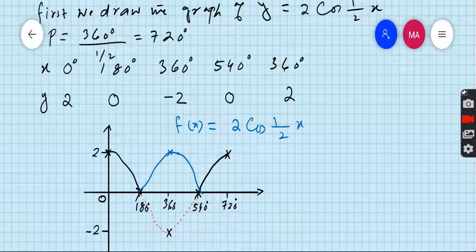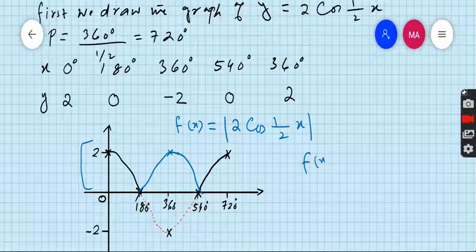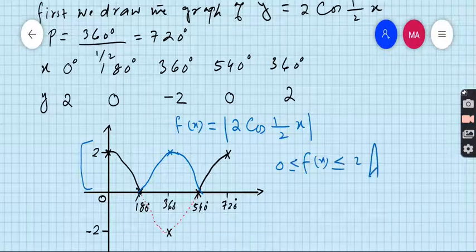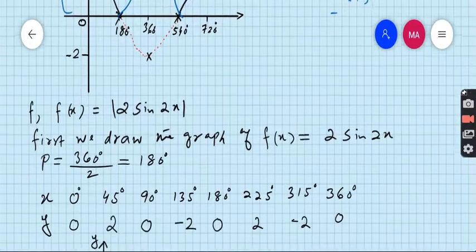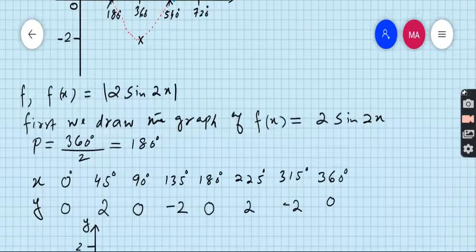And the range of part E is obviously from 0 to 2. So f(x) from 0 to 2. This is the answer of part E. So you can see so many easy parts. Come to the next part F.